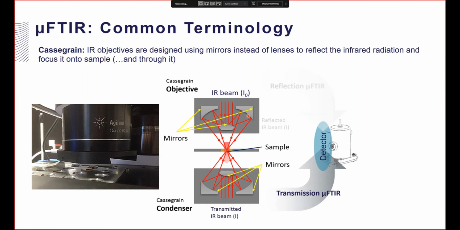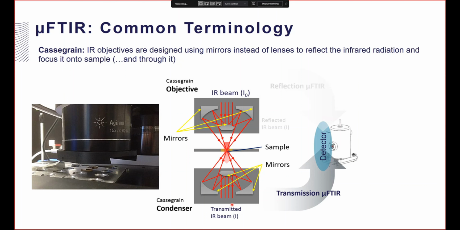When we are instead sending our infrared beam through the sample because it's transparent to the infrared light, there is another infrared objective put upside down that is called a condenser, and the condenser is refocusing the infrared beam exiting from the sample, so that it can be collected and sent to the detector.